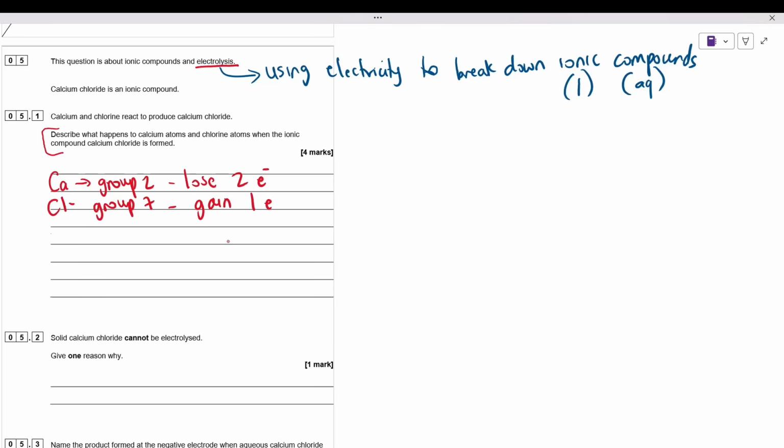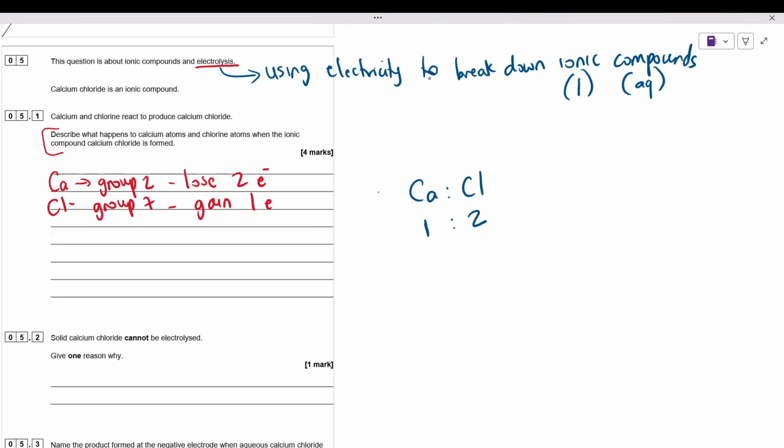In order for this reaction to take place, we need to figure out the ratio. We're going to need 1 calcium, which donates 2 electrons, so we're going to need 2 chlorine so that they can accept those, because each chlorine will only accept 1.